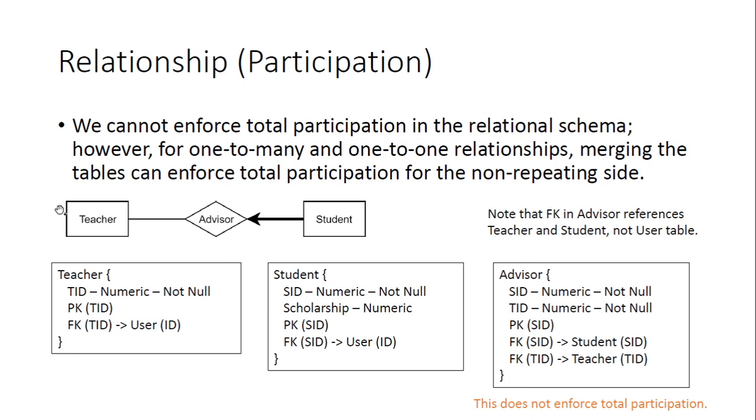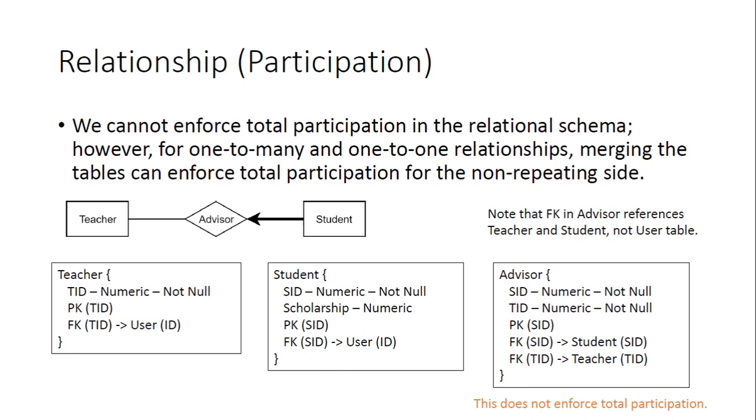So let's say in this case, we have teachers as advisors of the students. This is a one-to-many relationship, meaning that a teacher can be the advisor of multiple students, but for a student, there could be only one teacher as their advisor. Because of the total participation, the bold line on the student side, we are saying that every existing student should also participate in this advisor relationship.